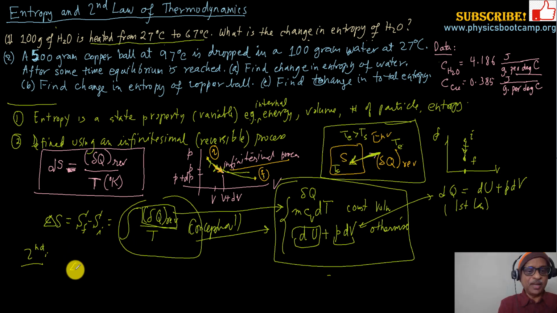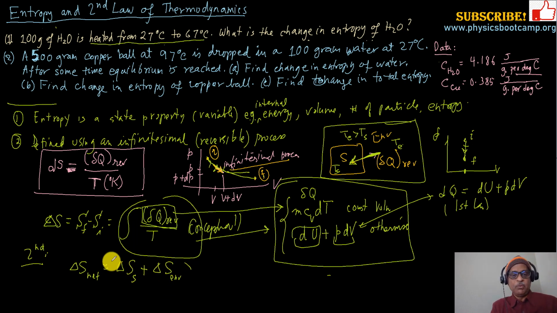So what you find is delta S net, which is delta S of the system plus delta S of the environment. One will be positive if this heat is going in there. This will be positive and this will be negative.